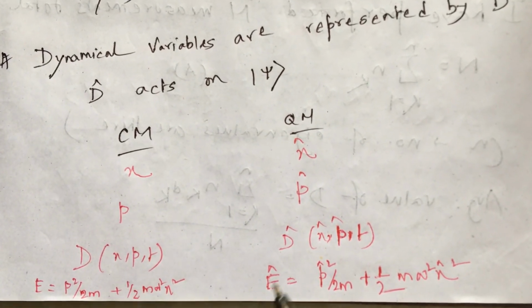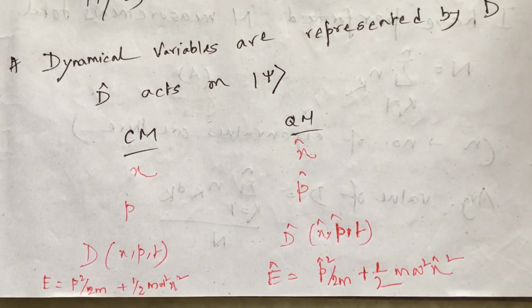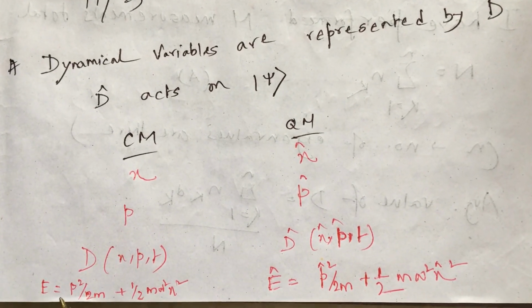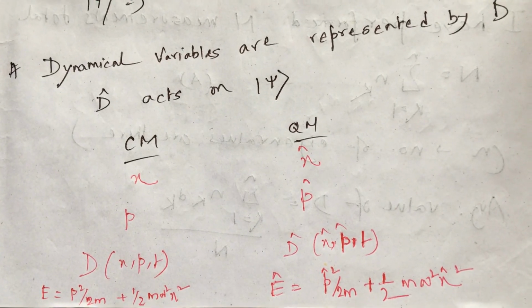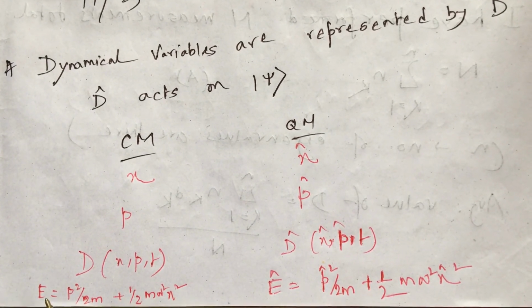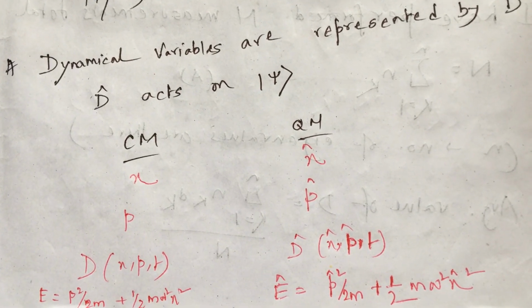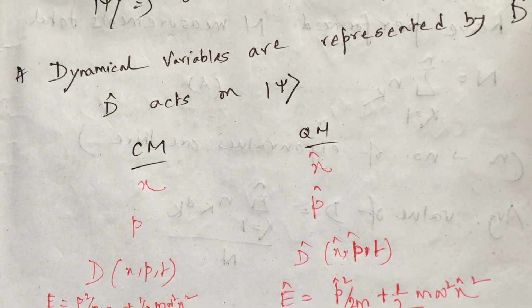And this is how energy differs in the two mechanics. In classical mechanics it is just a scalar quantity, and in quantum mechanics it is also a scalar quantity. But what I am trying to say is, in classical mechanics this is only p squared by 2m, but in quantum mechanics we need to write this as the p operator squared.